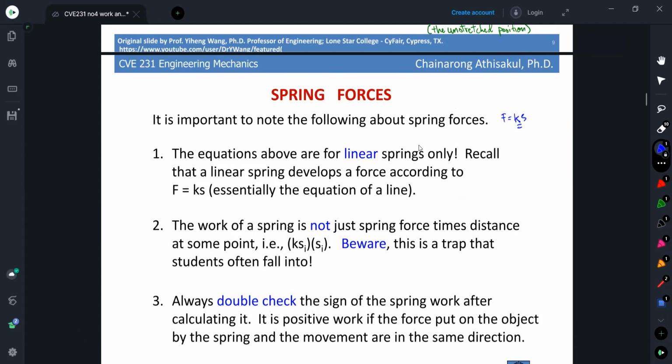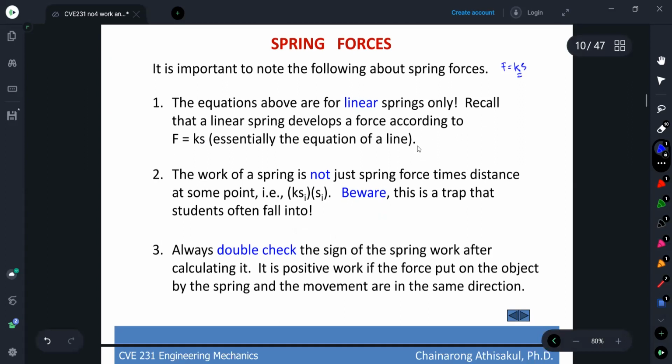The work of a spring is not just spring force times distance. Normally we find that work done is equal to F dot s, and most students always get trapped by substituting the work of the spring as ks times the displacement directly.